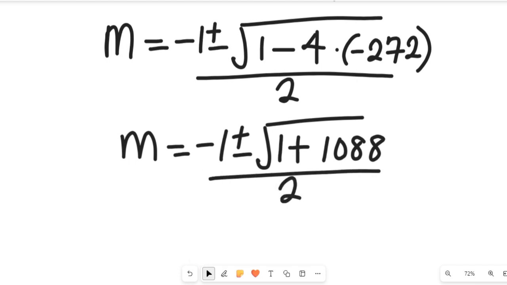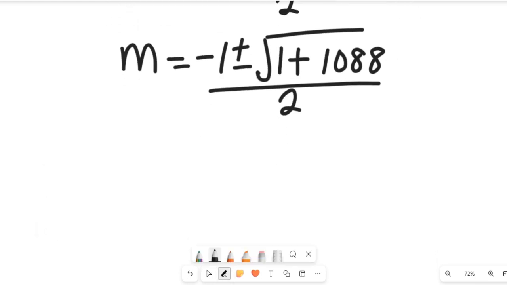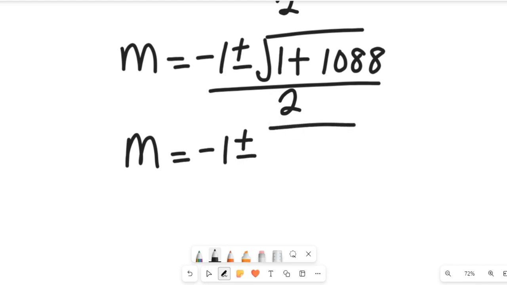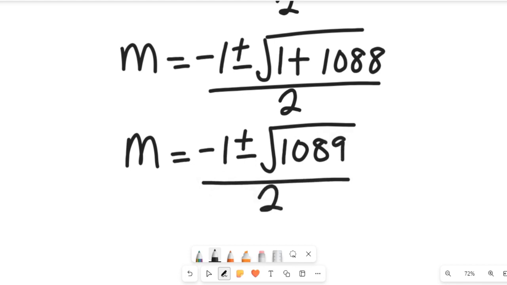Great. So if we simplify that, we'll have m equal to negative 1 plus or minus the square root of 1089, which is a perfect square, divided by 2.